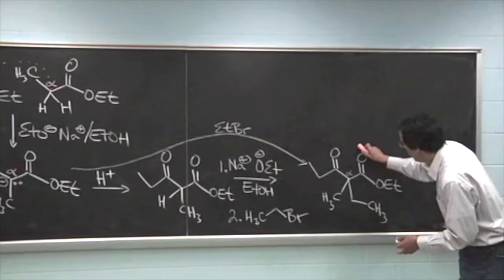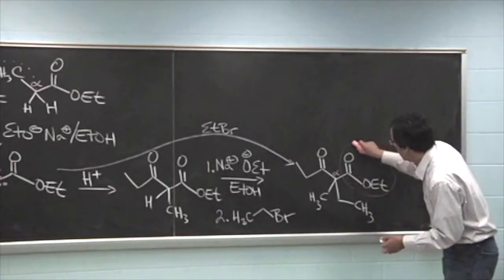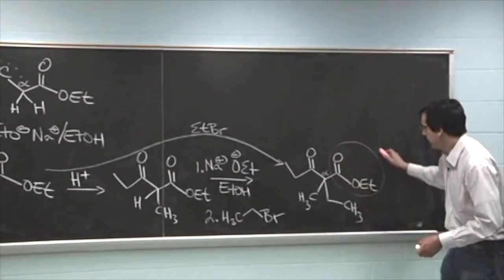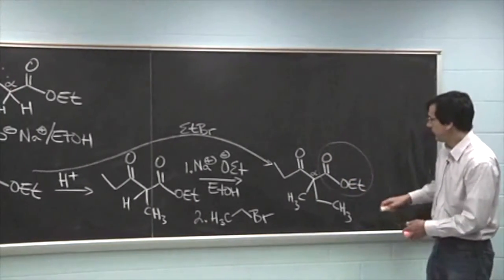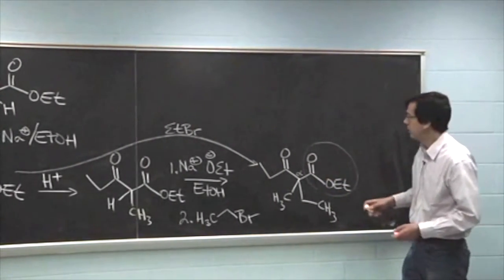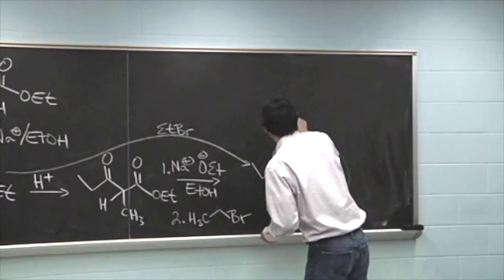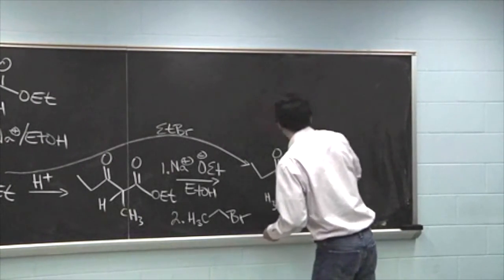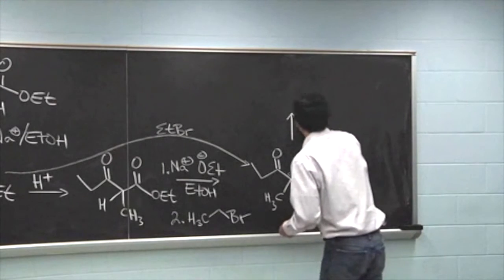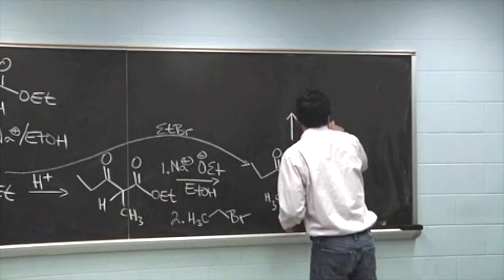What we need to do is remove the atoms within this circle here. And so this is the decarboxylation part of the acetoacetic ester-like synthesis that we're doing. So first we are going to saponify.